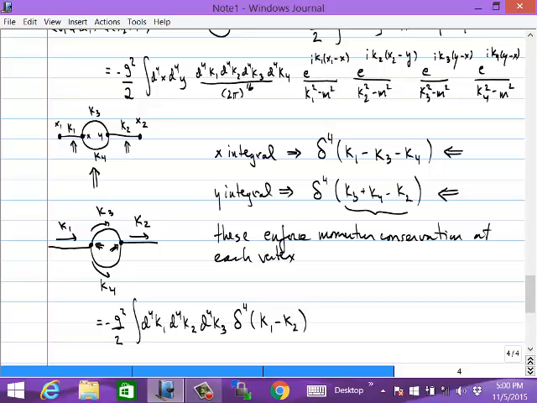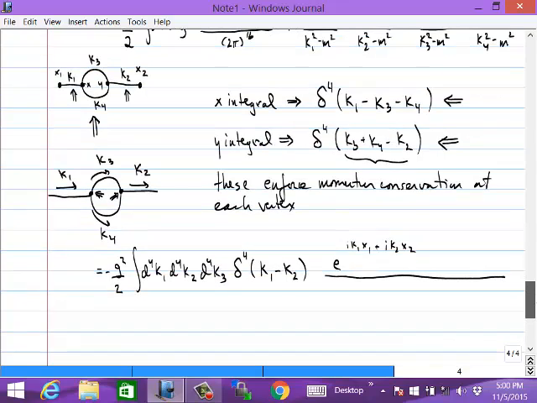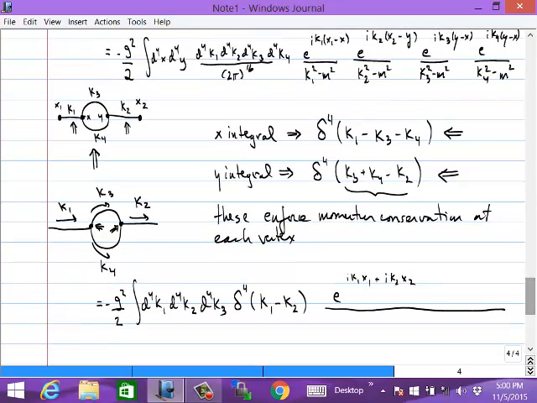And you're left with a phase factor. What is the phase factor? You get an e to the i k1 x1, plus i k2 x2, and then you had those denominators. So what were the denominators?